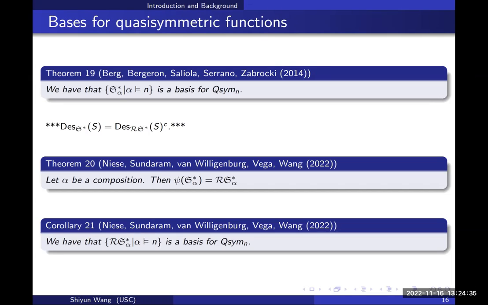So we proved that the Roche-Dury-Immaculate is the image under psi, and because of this theorem, we can just apply psi to all of the results for the Dury-Immaculate function, and then you get the analogous result for the Roche-Dury-Immaculate function, and it's very easy to prove that it is a basis.